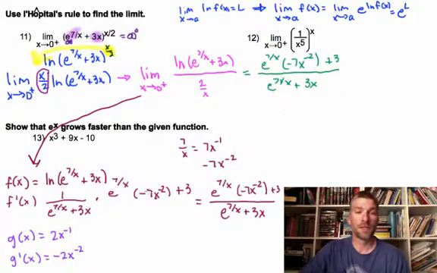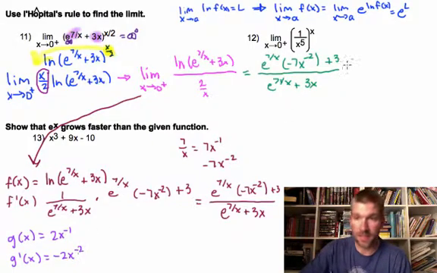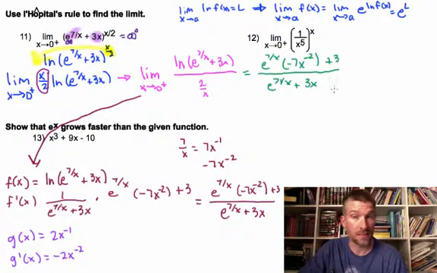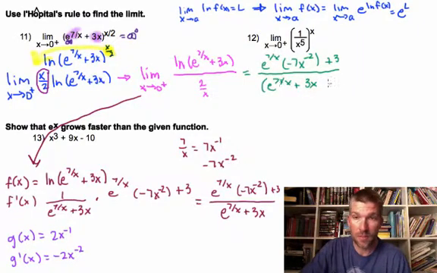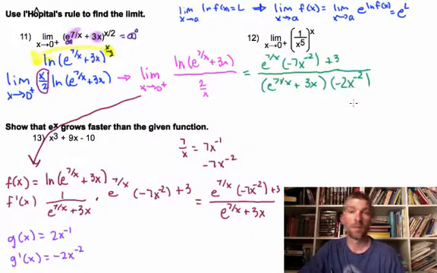And then times 1 over this guy, dividing by negative 2x to the negative 2 is the same as multiplying by the reciprocal. So I still have in the denominator negative 2x to the negative 2. Okay. And again, when I try and sort this out, I still have a function that is not going to allow me to just directly substitute in a 0.